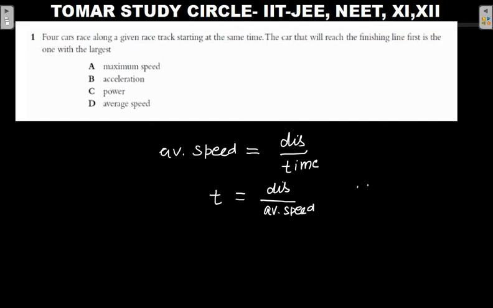Since distance is constant because all the cars move the same distance, hence t will be least when average speed is highest.